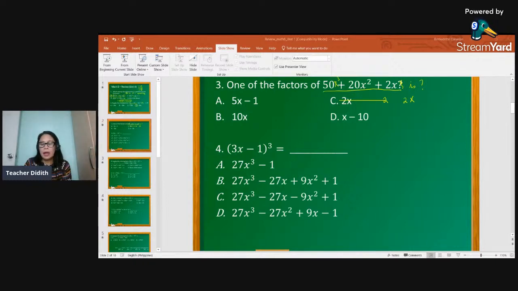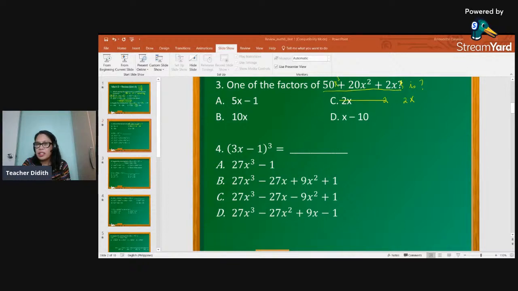Okay, what's your answer for 3? Do you agree that it's letter C? Letter A is not a possible factor since the sign of the middle term of the second factor is positive. So, number 3 is letter C. Yes.